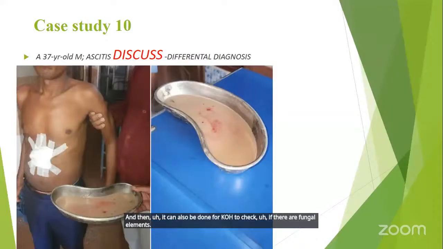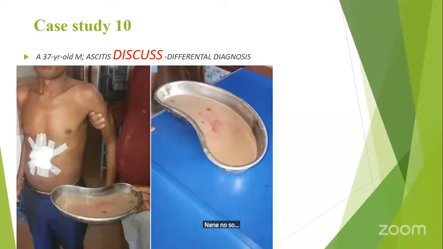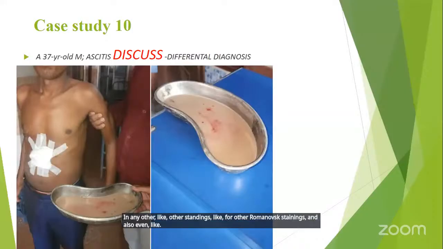And then also the staining for TB. There's high likelihood that probably there could be a case of TB within the area, and now doing the ZN will be able to help in terms of checking if there are acid-fast bacilli and any other stainings, like other Romanowsky stainings, and also even hematoxylin and eosin staining.